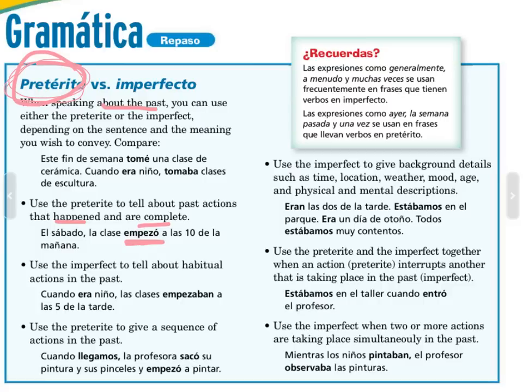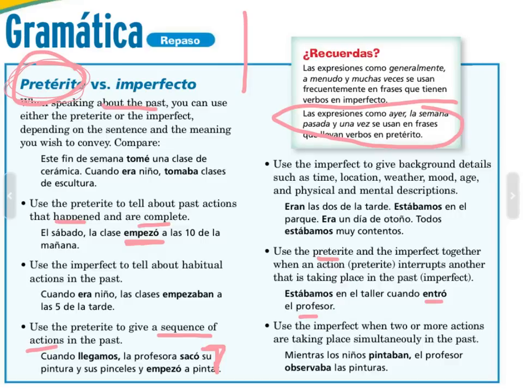We also use preterite to give sequence of events, as demonstrated here. We use preterite together with imperfect when the imperfect sets the scene and the preterite tells what happened. And then, of course, these are our clue words for the preterite. Take a moment to write that down.